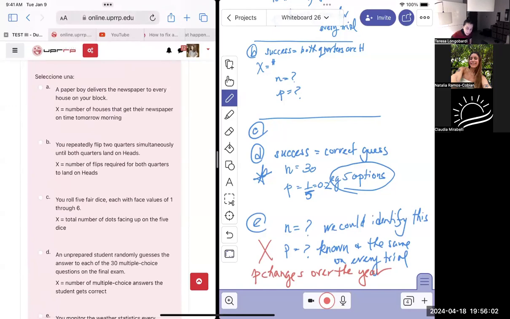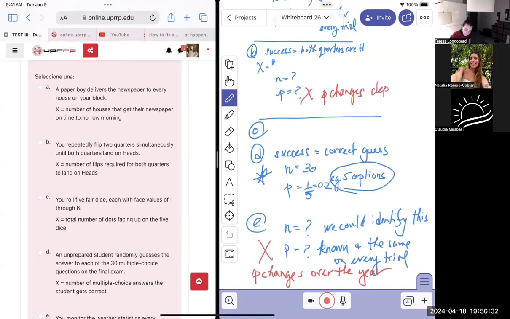Think about the paper boy delivering newspapers. The chance that the newspaper arrives on time for the first house at the beginning of the block is higher than the probability of the newspaper arriving on time at the last house. So again, this is not binomial because P changes.